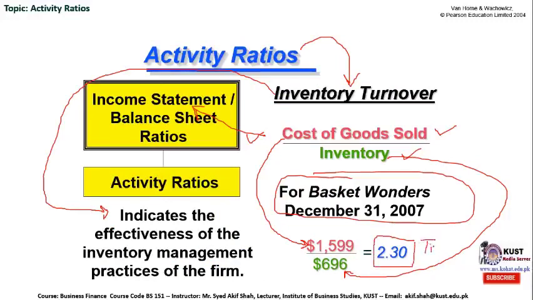Now let's explain the phenomenon of inventory turnover. 2.3 times in a year, Basket Wonder's inventory has been transformed into cost of goods sold, or I can say that the inventory was sold out to the customer. How many times in a year? 2.3 times in a year, Basket Wonder on average sells out its inventory, and it turns into cost of goods sold.